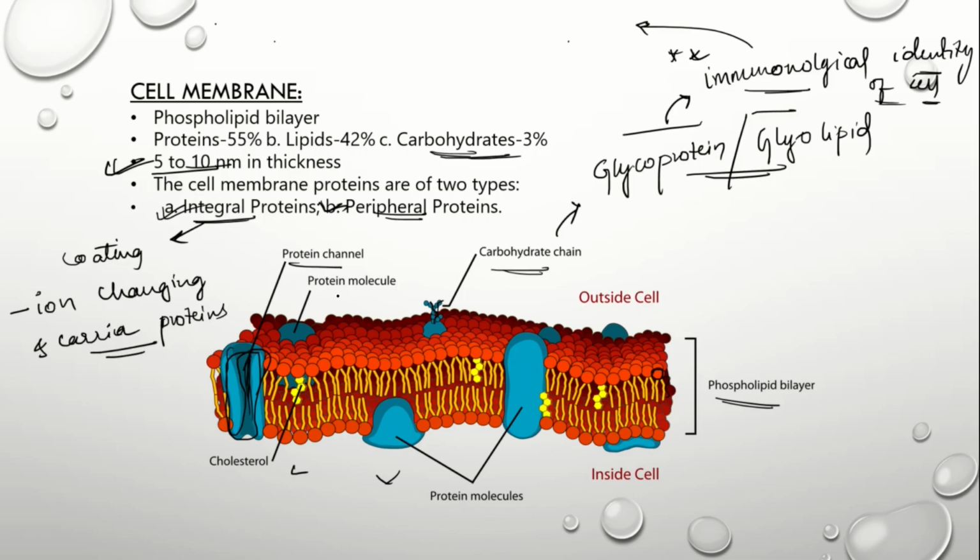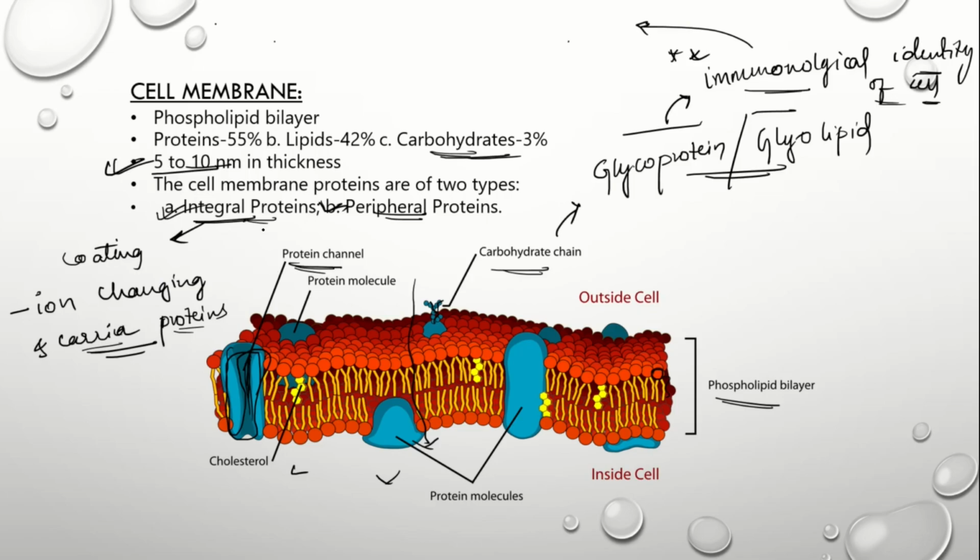In the last video I have said a topic which is carrier mediated transport. This is the point. The macromolecules which cannot penetrate through the cell membrane can be transported by the help of these protein channels, these integral proteins.